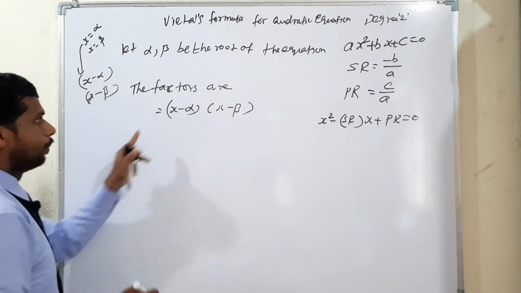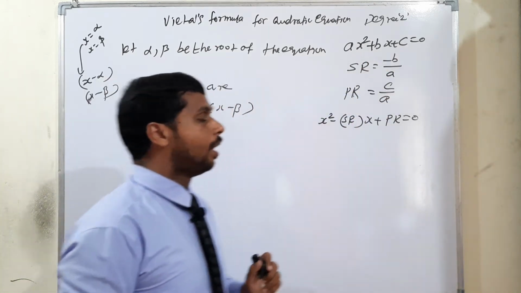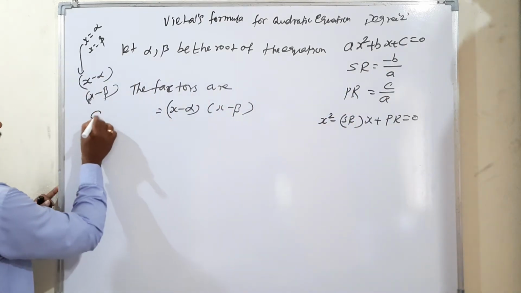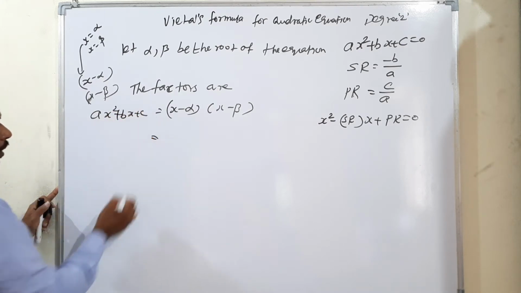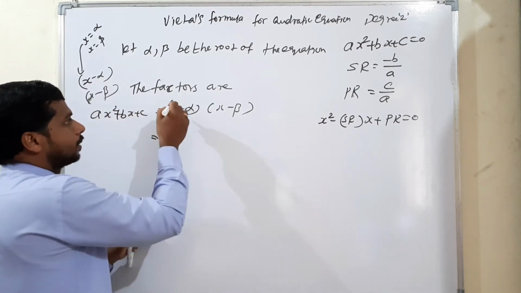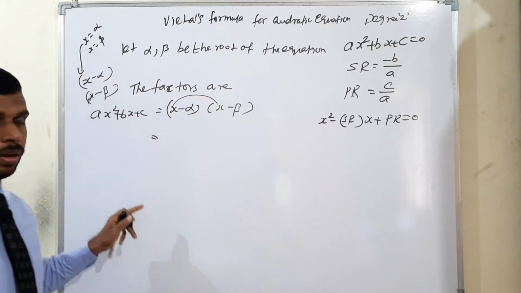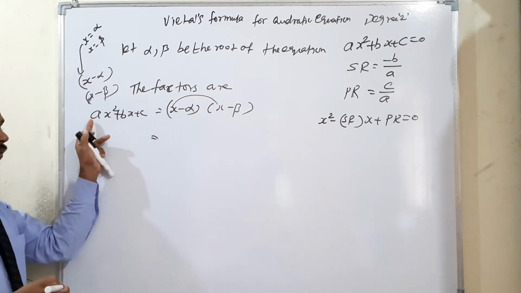This will definitely be equal to the basic form, ax square plus bx plus c. If you remove the bracket, we get x into x, x square. Already we know the leading coefficient is a.